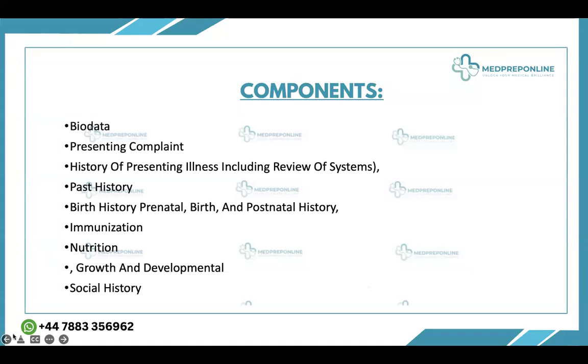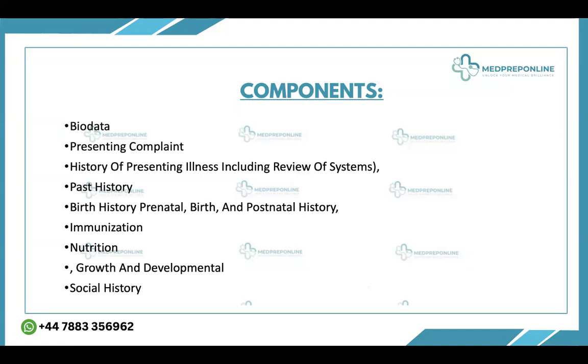So yes, as Dr. Mariam said, nutrition, that's what you need to know, all the calories that are taken. In nutrition, we will always talk about 24 hours recall, average calorie intake. We will talk about any dietary restrictions. We will also talk about breastfeeding and age of weaning, because half of the cases that you're going to get are going to be malnourished.